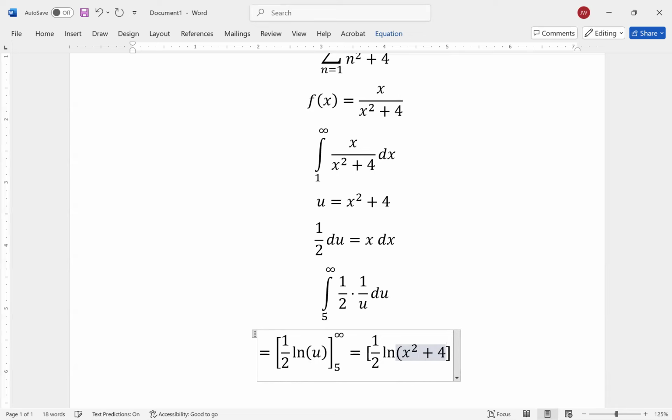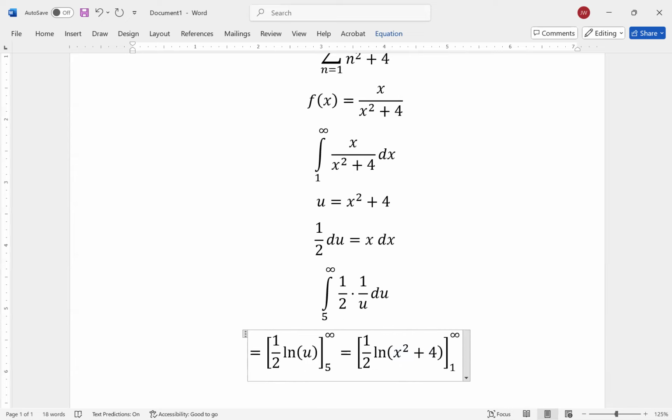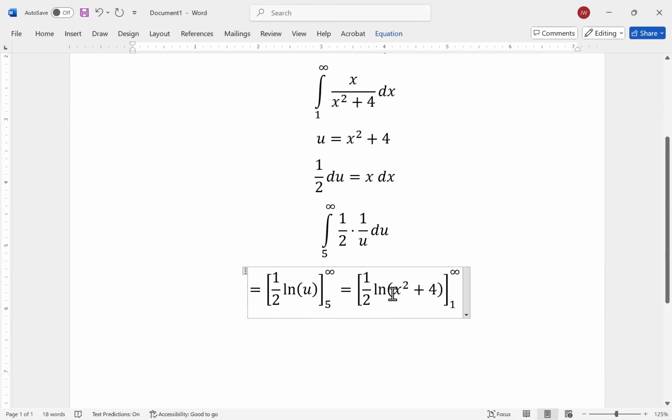So when I back substitute, I get natural log of x squared plus 4. By the way, I'm not writing the absolute value here because I don't need to. All of my values that I plug in are going to be positive. But when we plug in infinity, in air quotes, again, that means taking the limit as x goes to infinity, then natural log of numbers that get really, really big will also get really, really big.